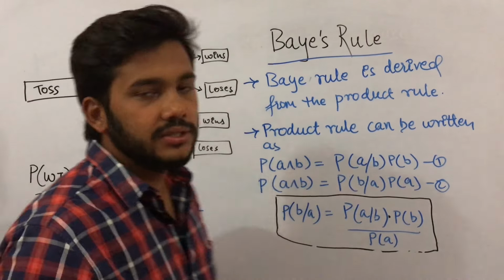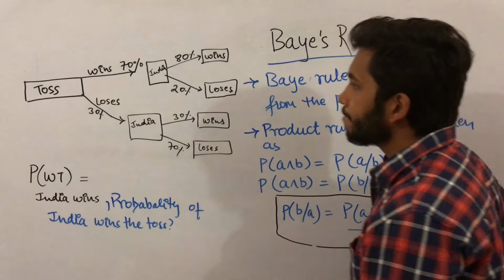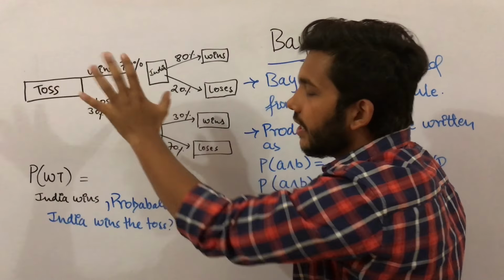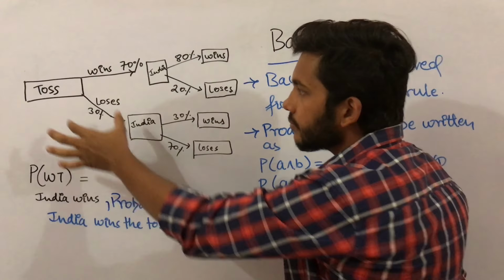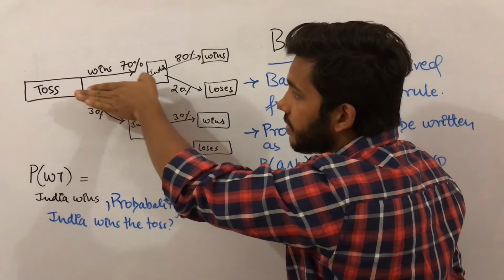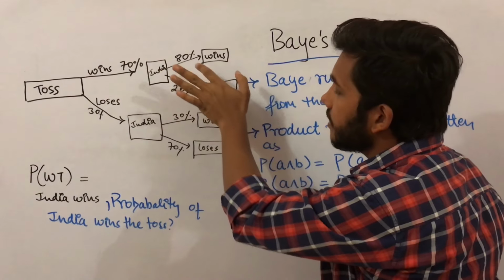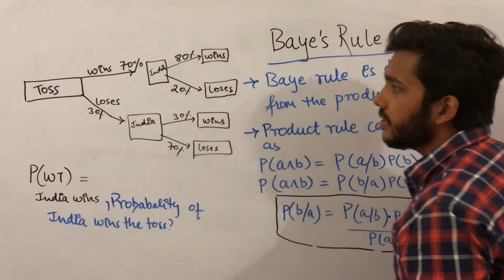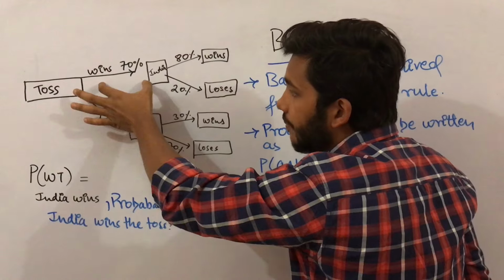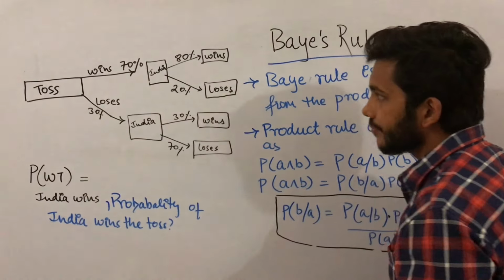We can understand this Bayes rule with the help of an example. Suppose there is a match between India and Australia. Suppose the probability that India wins the toss is 70% and the probability that India loses the toss is 30%.